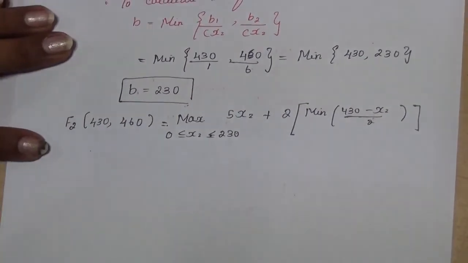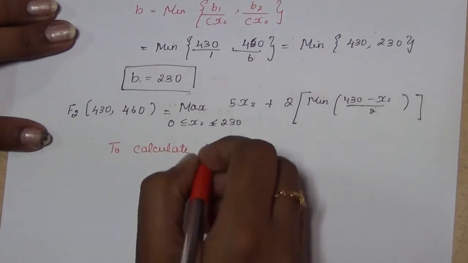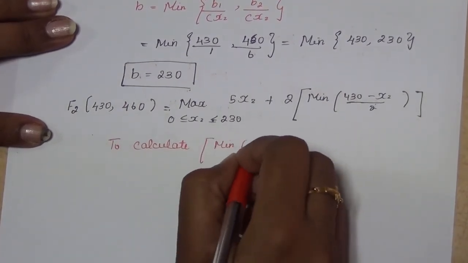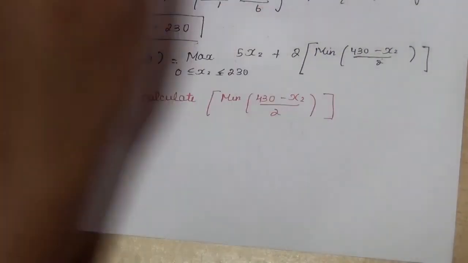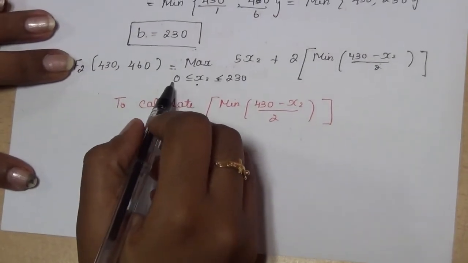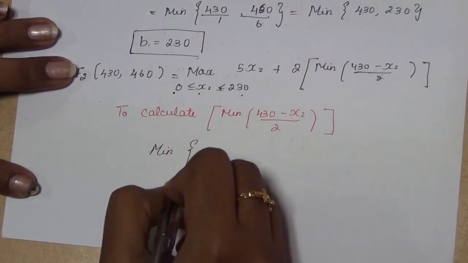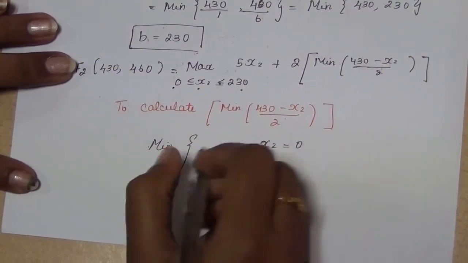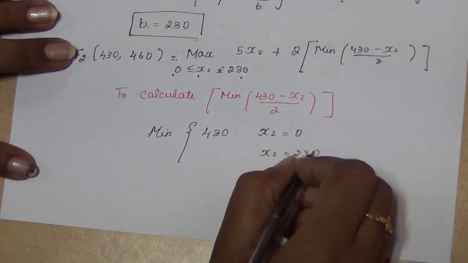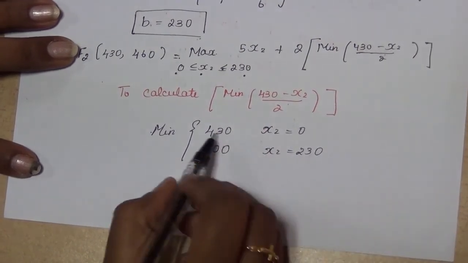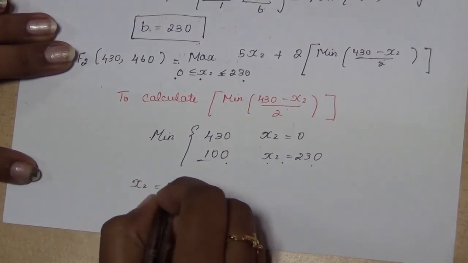To calculate this minimum, we can calculate the value of x2. Here the x2 value varies between 0 and 230. This can be further simplified as the minimum of, when x2 is equal to 0, this value will be 430, and when x2 is 230, this results in 100. So the minimum value will be 100, for which the x2 value is 230. Therefore the x2 value will be 230.